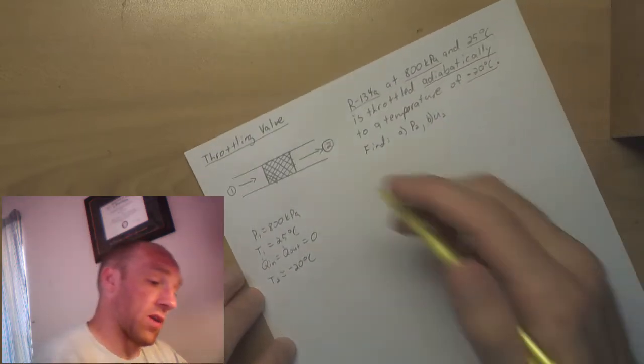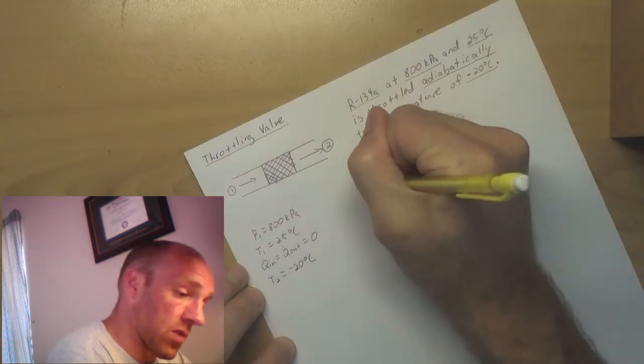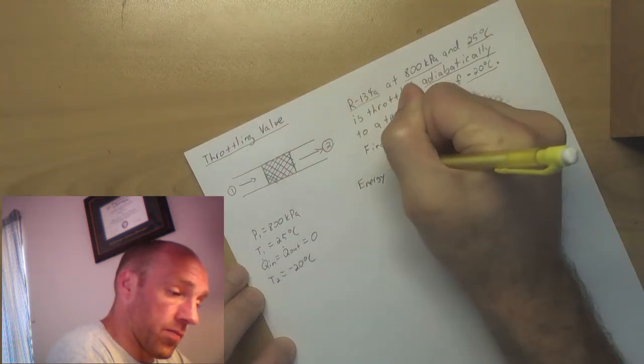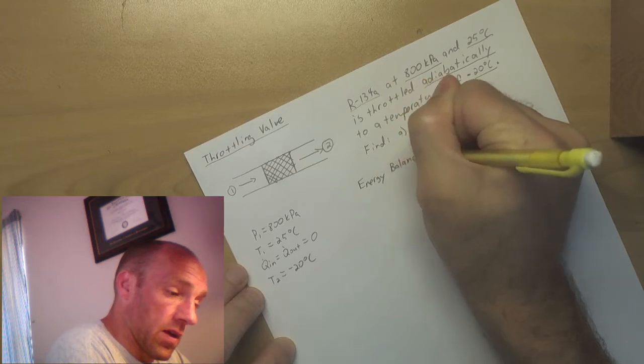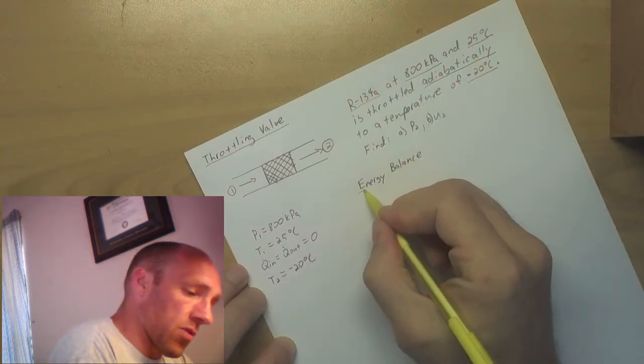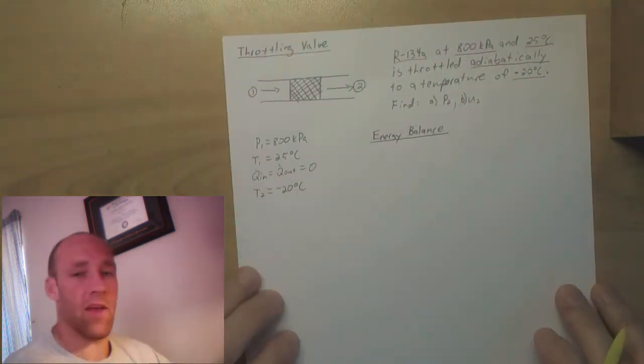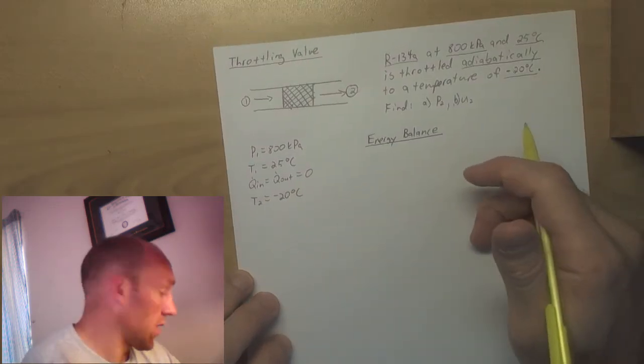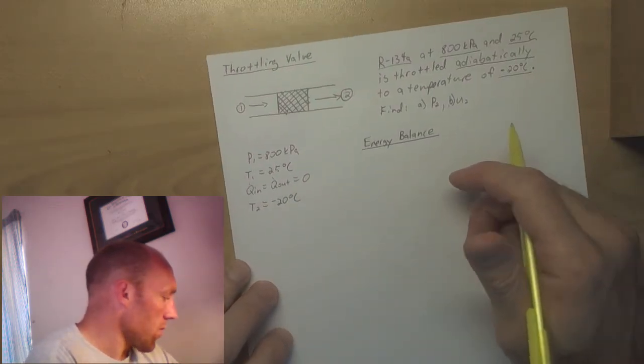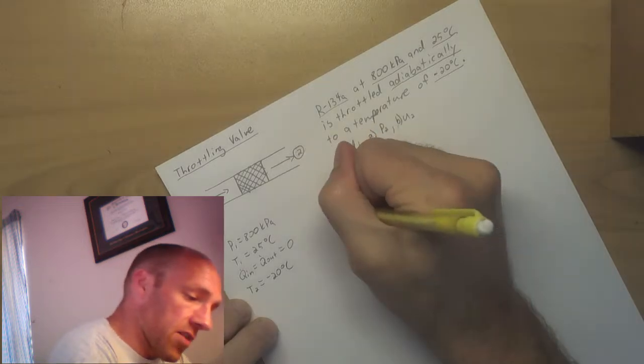All right, so here's the energy balance. If you ever get stuck on any of these problems, writing the energy balance is a good first step. It's a steady device.